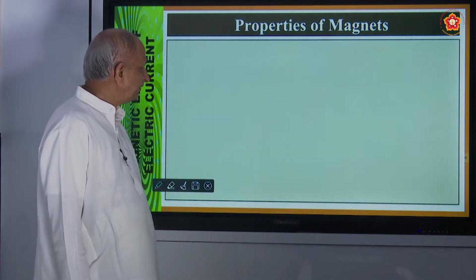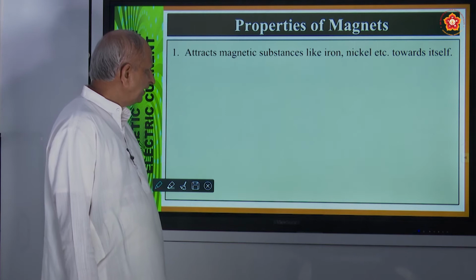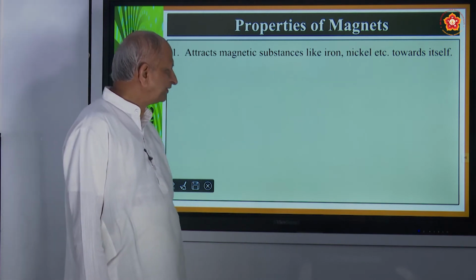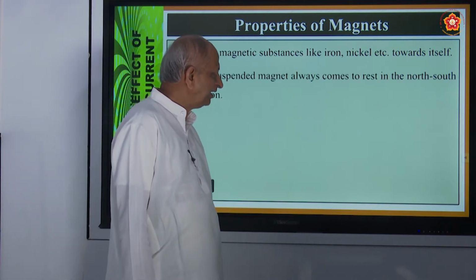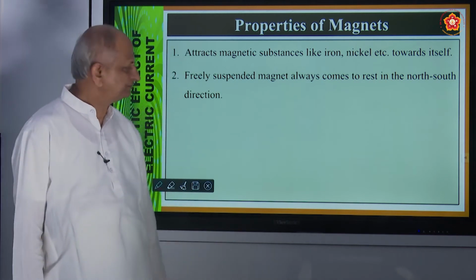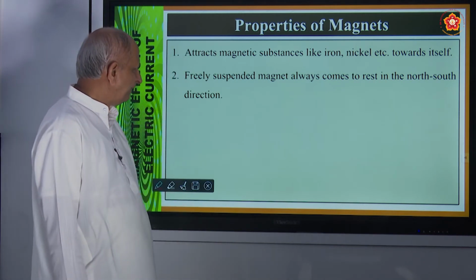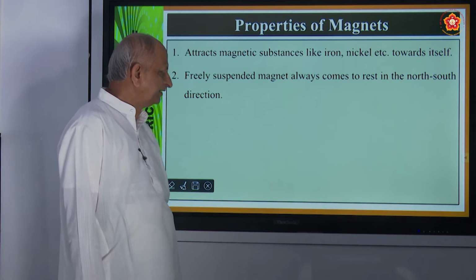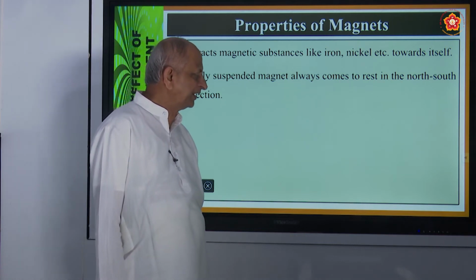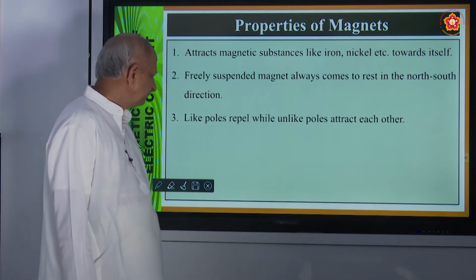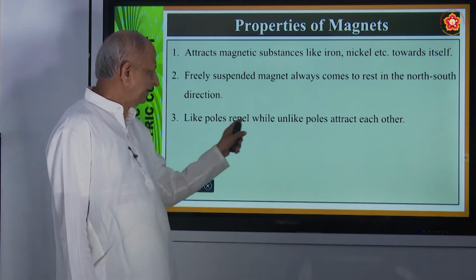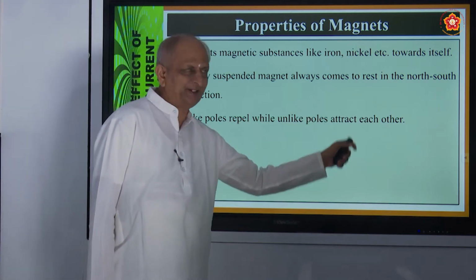Coming to properties of magnet, it attracts magnetic substances like iron, nickel, etc. towards itself. Second property, a freely suspended magnet always comes to rest in the north-south direction. Like poles repel each other, while unlike poles attract each other.